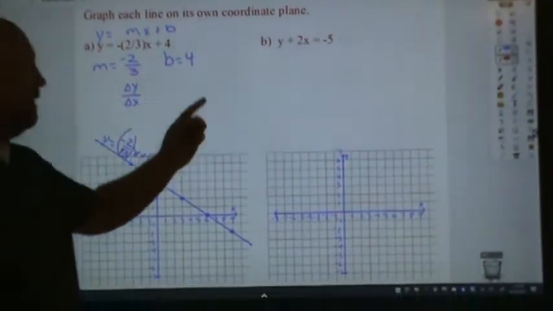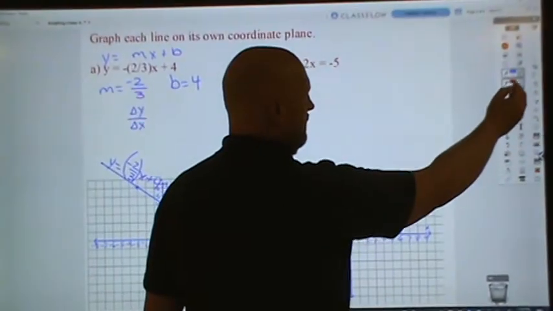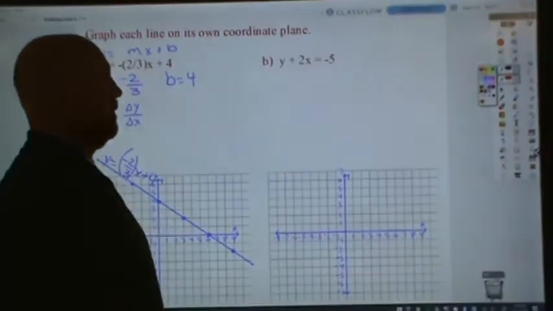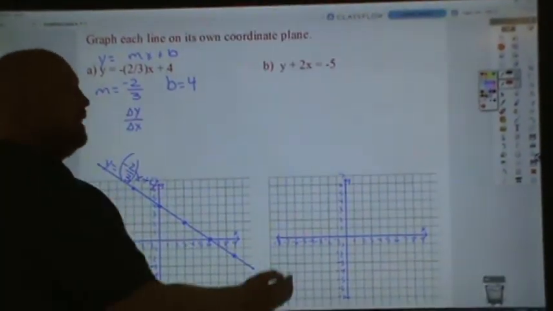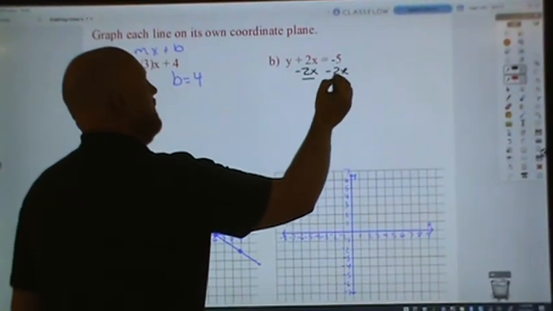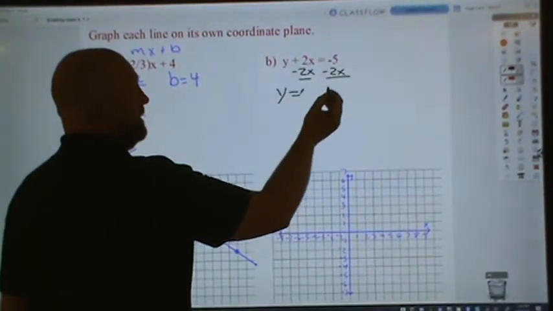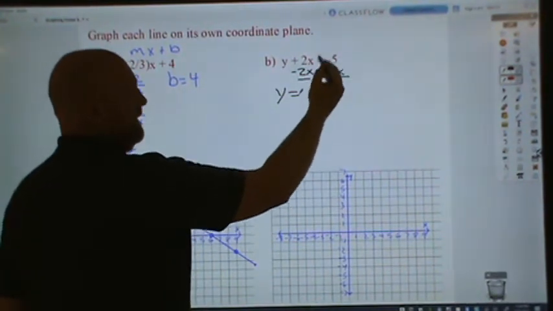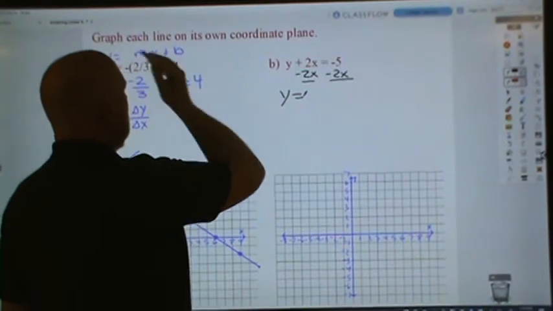In part B over here, I don't have an equation that's given in y equals mx plus b form, so I want to manipulate this so that it's in y equals mx plus b form. So to do that, I'm going to subtract 2x from both sides and get y equals, now we could write minus 5 minus 2x, but that doesn't fit our formatting as well.